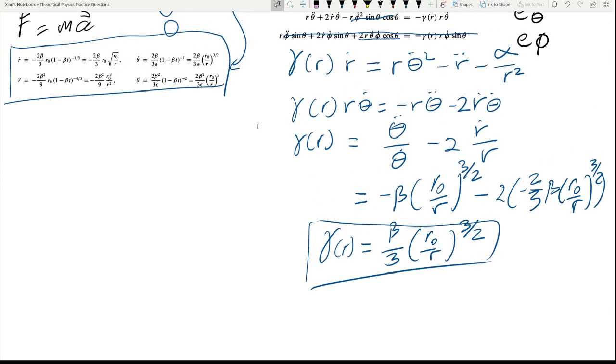What about the beta? We will substitute this into the first one, this one, and we'll get the beta.